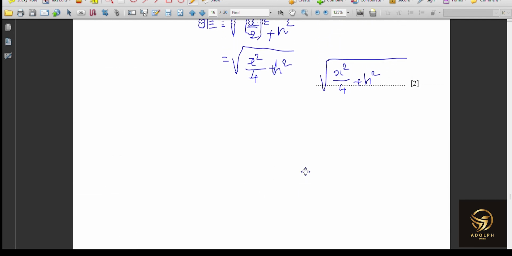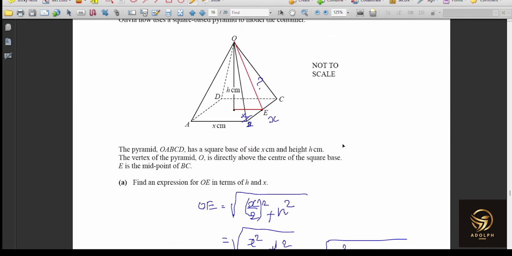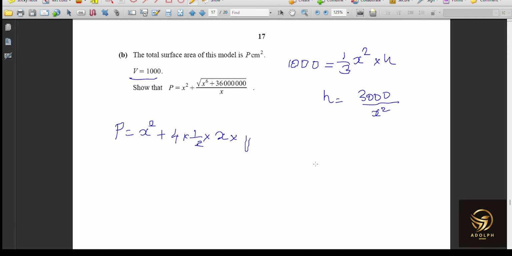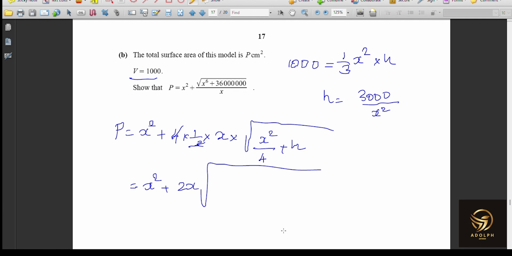Actually the height is not h here, the height is OE, the value we found in the previous part, so we have to use that: the square root of x squared by 4 plus h squared. After this step, immediately we can simplify the 4 and 2. So x squared plus 2x into root of x squared by 4 plus 3000 divided by x squared, and it's not h actually, it is h squared, so this value also should be squared.